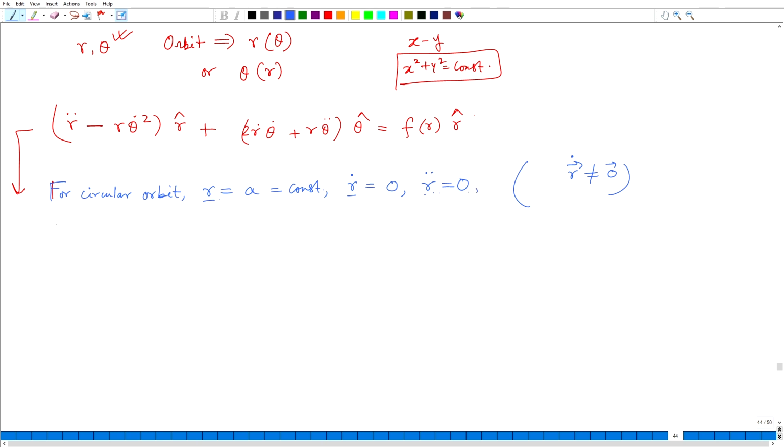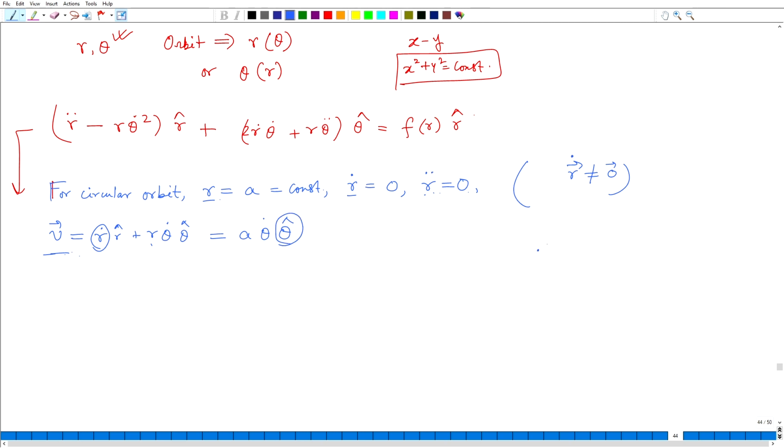If you have this, then you also know that v is equal to, so what is velocity then? It is r dot r cap plus r theta dot theta cap, and in a circular orbit r dot is 0. So, you only have this part, but r is now a. So, it is a theta dot theta cap, and that is why in a circular orbit you will see v is exclusively along theta cap direction or the tangential direction.